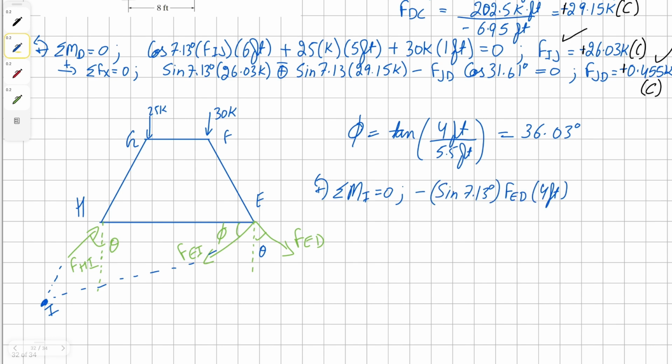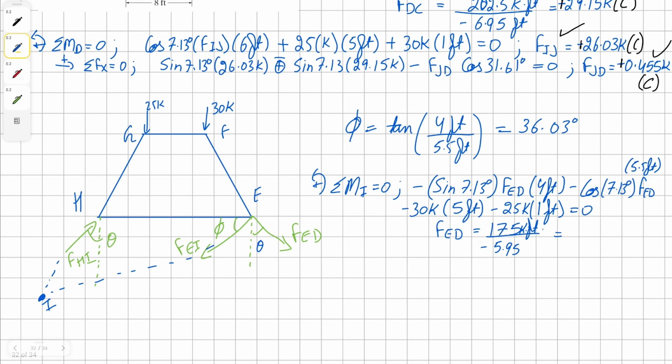And both of these are clockwise. And then we're going to have clockwise 25K and 30K. External reaction forces are all equals to 0. Solving for ED, we get our solution as negative 29.39K. This means our vector direction in wrong direction. Switching it over, we know this member is in tension. Pardon me, compression.